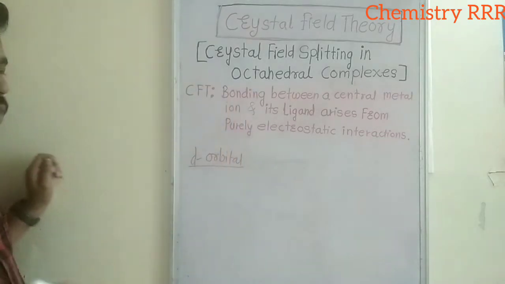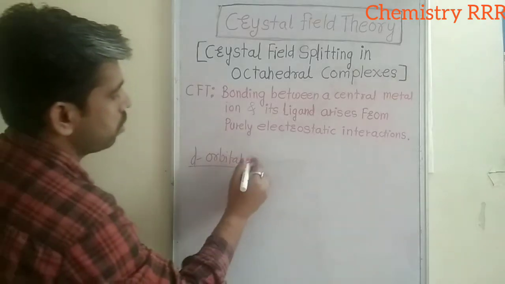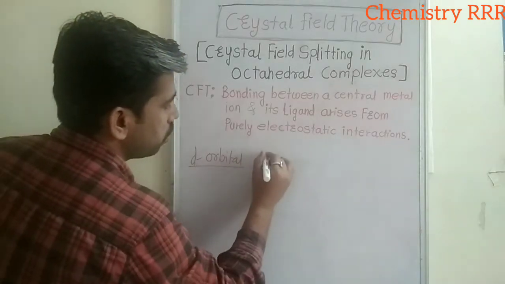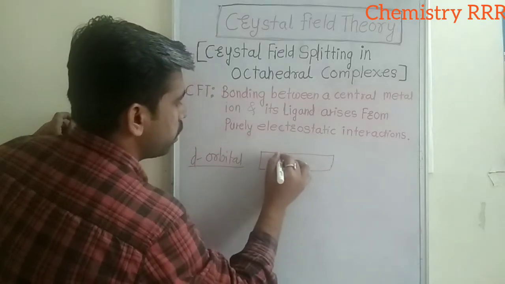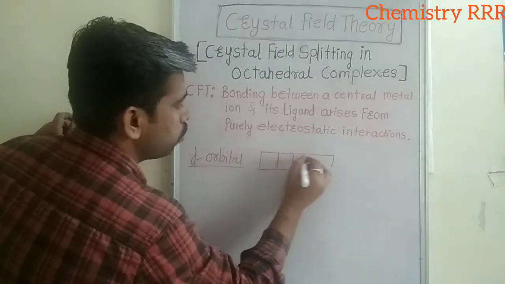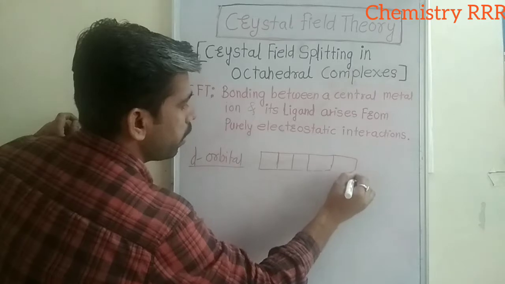Okay, now total 5 d orbital: 1, 2, 3, 4 and 5.